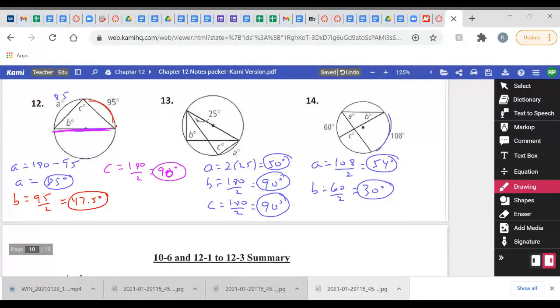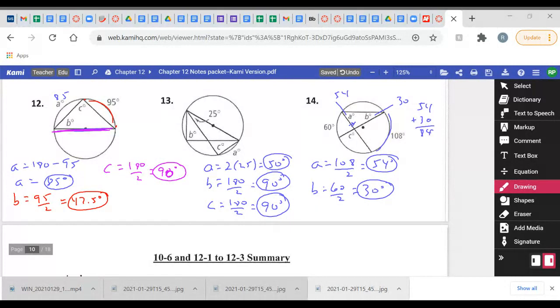All right, and then C, a few more steps here on C. What I would recommend here is we have just said that A is 54, and we just said that B is 30, and sometimes it helps to put things like that in the picture. So we can figure out what this little angle is right here, because we know that all the angles of a triangle add up to 180. So if we add 54 plus 30, we get 84.